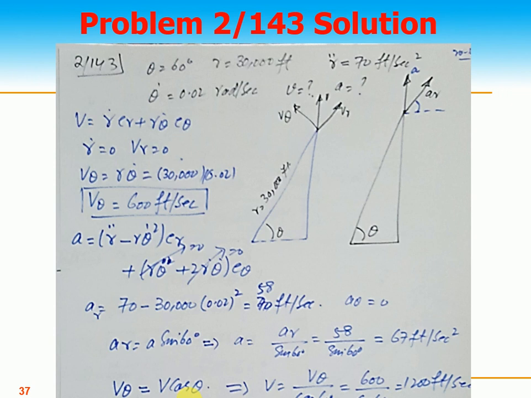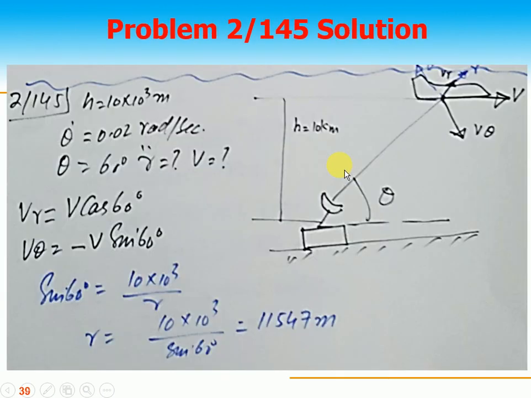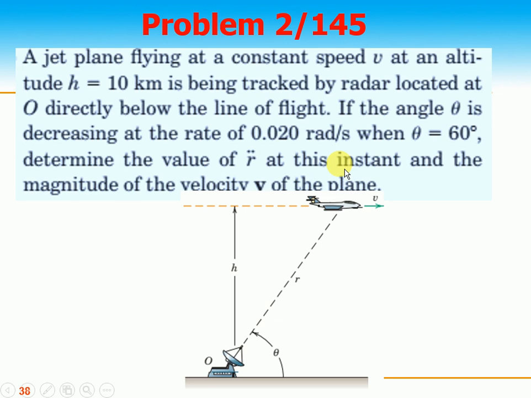Again, v theta is equal to v cos of theta. So we have v is equal to v theta by cos of 30, and total velocity is 1200 feet per second, because this velocity is the theta component. So v theta is equal to v cos of theta, as per this is given.